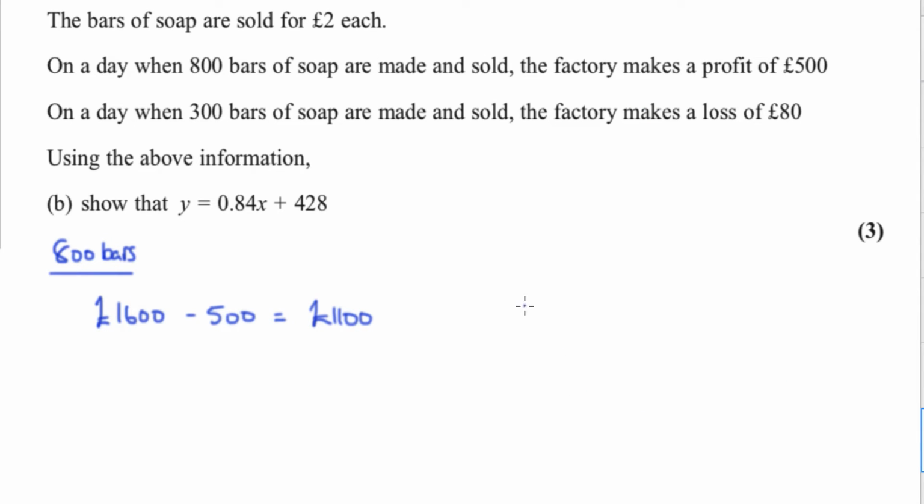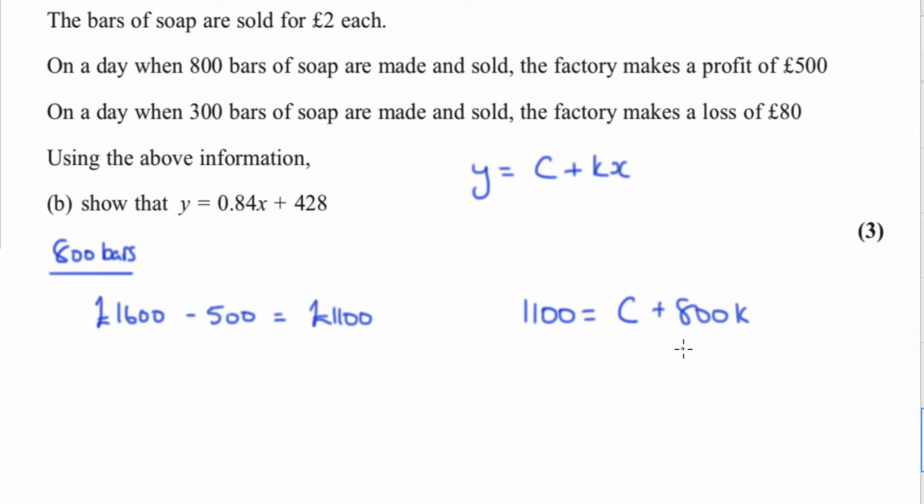So if it costs them £1,100, we can use our Y equals C plus KX equation again: it will be the fixed cost that we don't know, plus 800, X is the number of bars, so 800 for X times that K value, the cost per bar of soap.